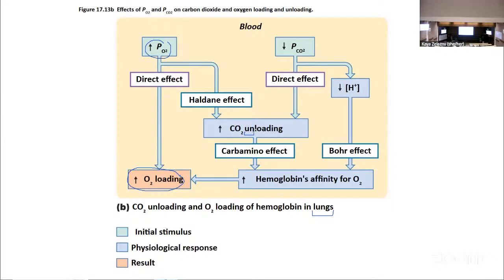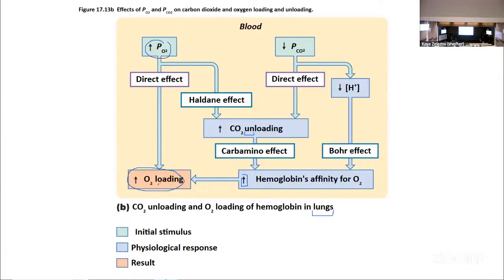Part of the tricky part of learning this is associating what's more and what's less, this kind of trade-off, but we're unloading carbon dioxide, so less carbon dioxide. When we look at the carbamino effect now, we're going to see a higher affinity of hemoglobin for oxygen. This is the opposite, that leftward shift.